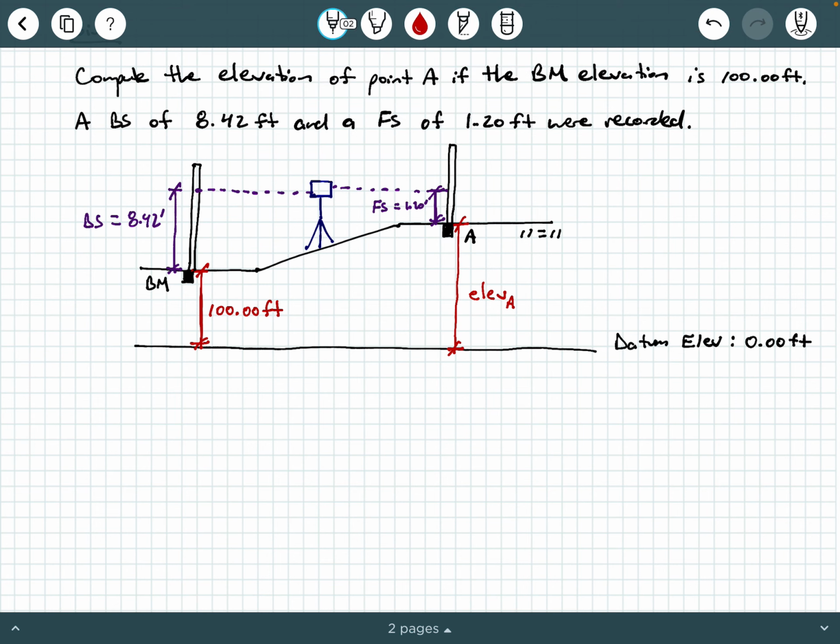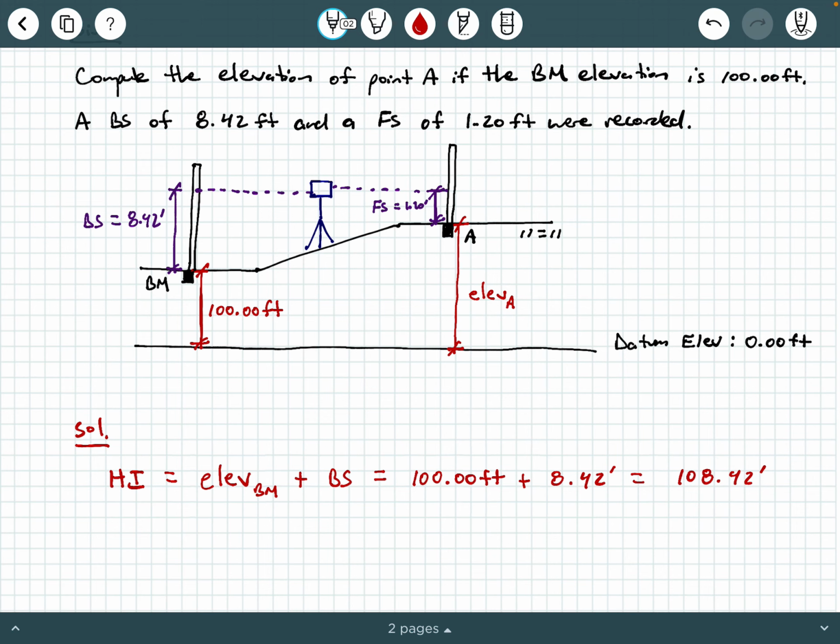So under solution, the first thing I can do is calculate the height of the instrument, which is going to be the elevation of the benchmark plus the back sight. So that's going to be 100 feet plus 8.42 feet, and of course, that's just 108.42 feet.